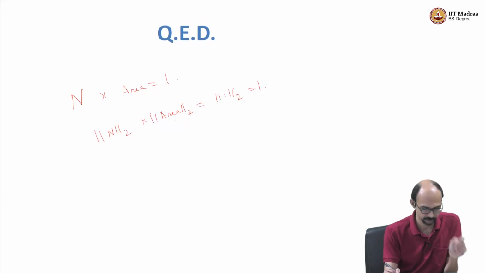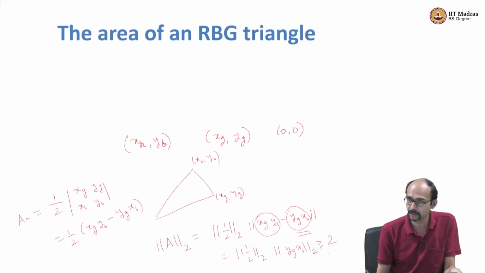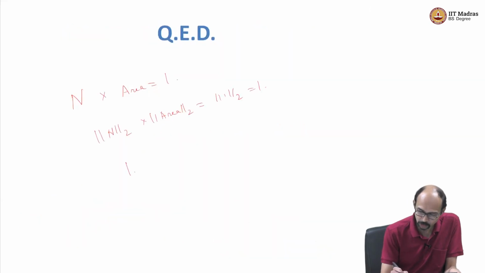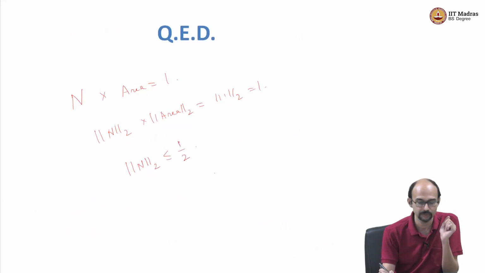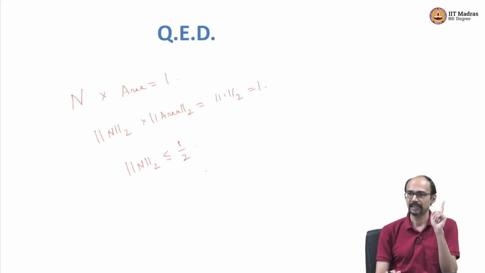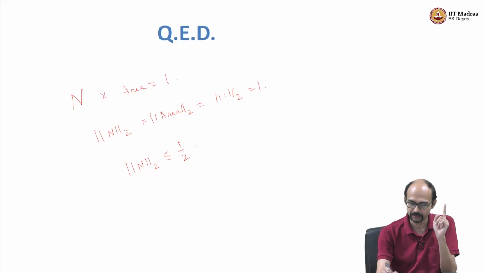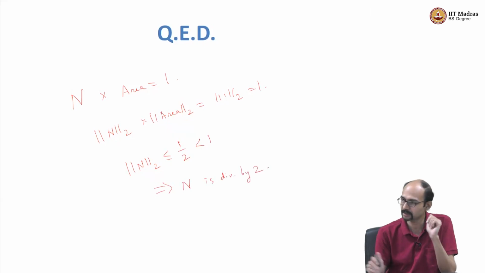It was, let's go back, it was bigger than or equal to 2. So that means the norm of the number of triangles is less than or equal to half. Aha, but n is an integer, and anytime its norm is strictly less than 1, what does this say? This means that n is divisible by 2. Yeah, this completes the proof.